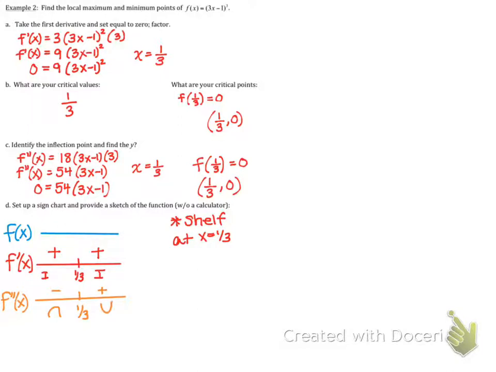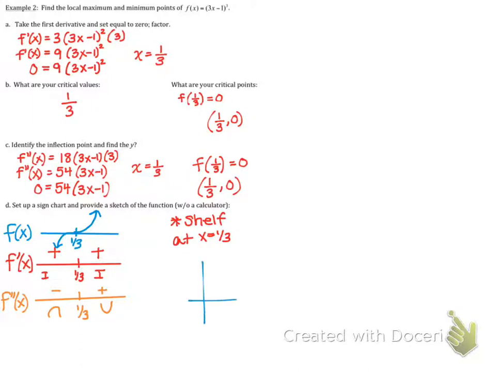So at 1/3 on our original, we have concave down, but yet we're going to increase. So that's going to look like this. And then now we still need to increase, but now we're concaving up. And then you could see we just created a shelf there.